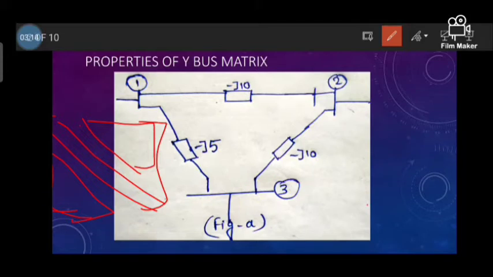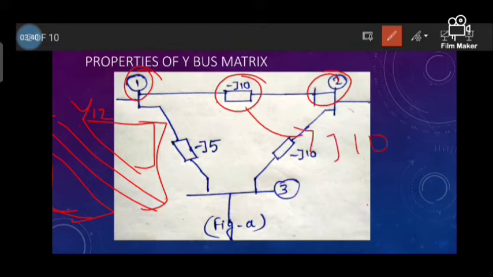So how will the off diagonal element be formed? Let's say y12. Y12 is the admittance connected between bus number 1 and bus number 2, multiplied with a minus sign. So minus into minus j10 will form j10.